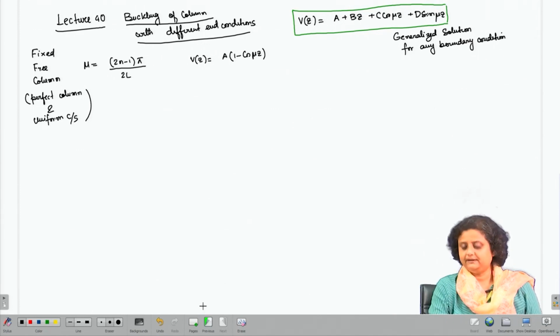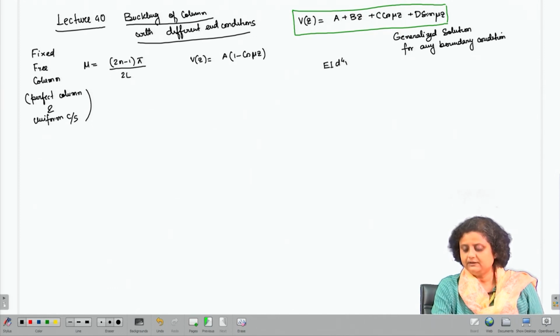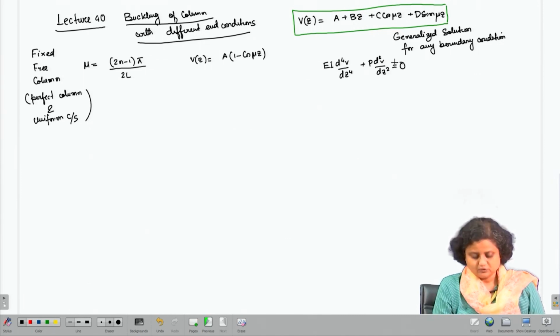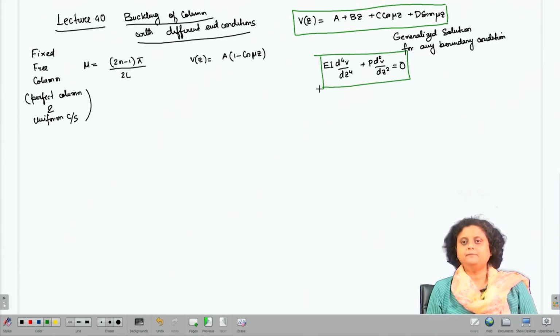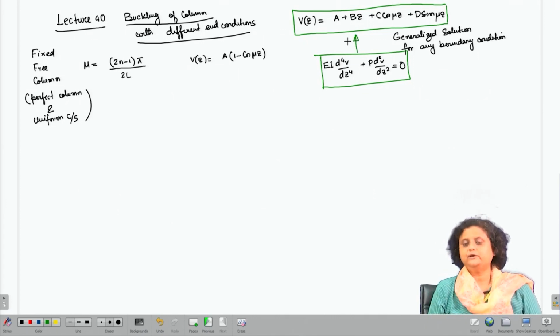We have seen that this is the solution to the differential equation d4v by dz4 plus P by EI into d2v by dz square is equal to 0. This was the equation that we had derived for a perfect column with any arbitrary boundary condition, and the generic solution was this.